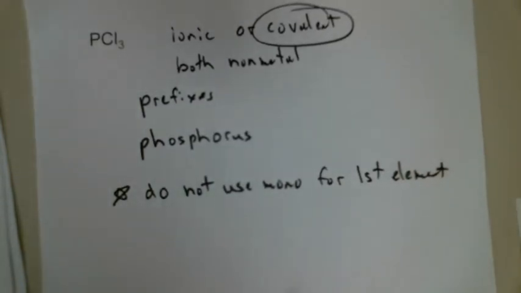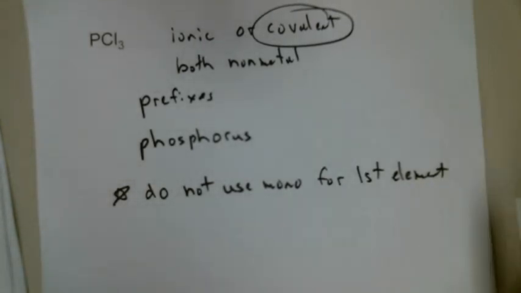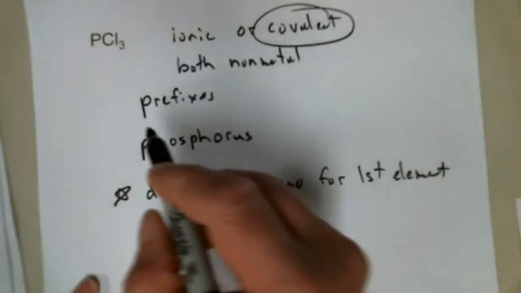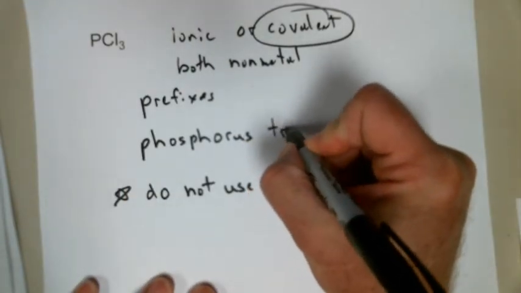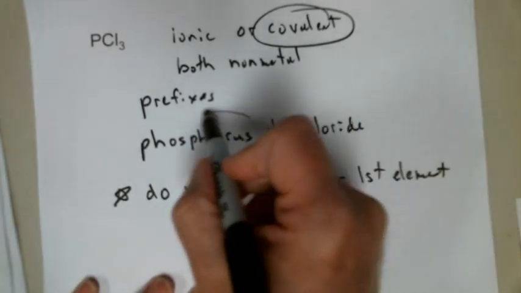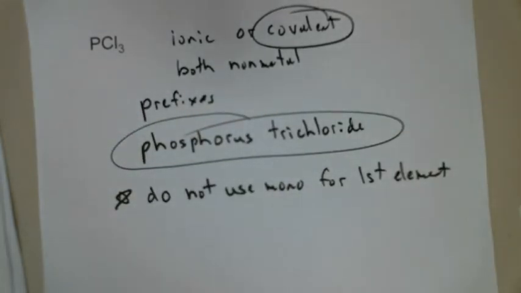It's assumed that there's only one of them. Why would they care if we actually stuck it on there? I don't know. That's just the way it is. So instead of monophosphorus, it's just phosphorus. And then there's 3 chlorides, so it's going to be trichloride. Phosphorus trichloride.